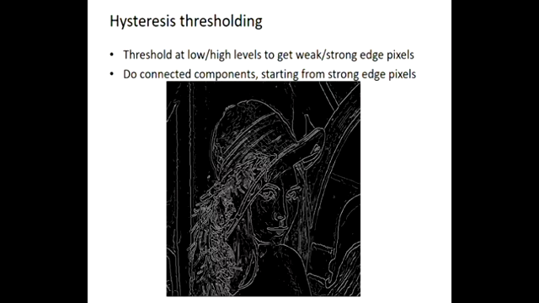That entire line will be preserved because you've got weak edges connected to strong edges. Compared to just thresholding, you get better continuity of your lines, and you also get rid of isolated little edges that don't have strong gradients, and so they may correspond to noise or to more minor artifacts.